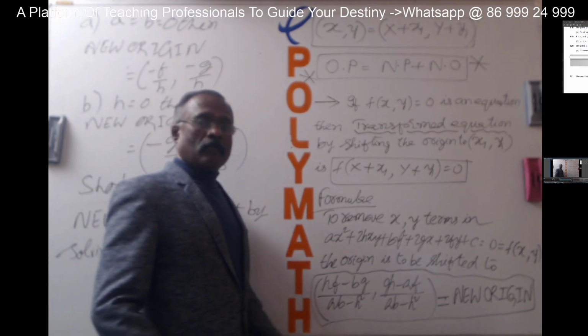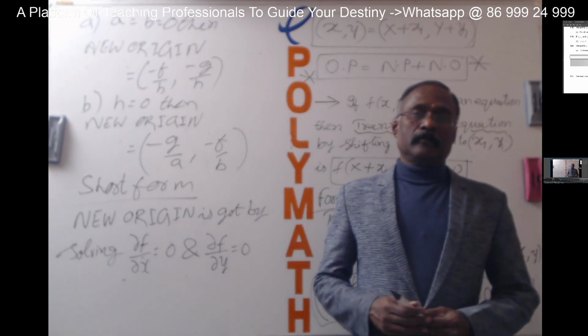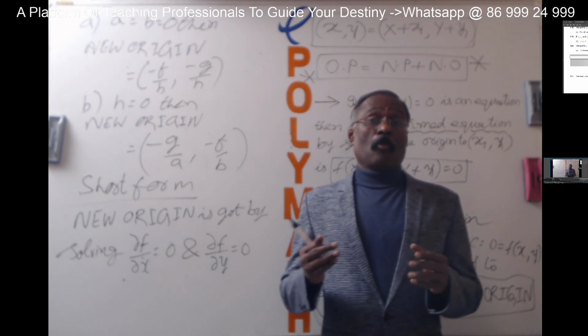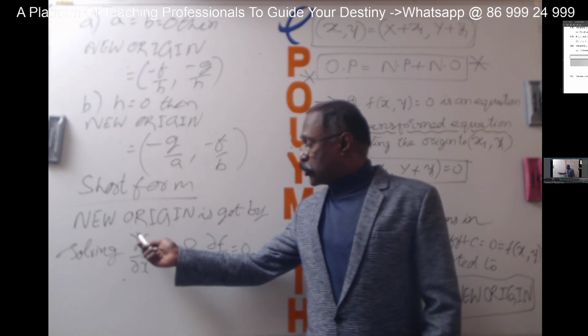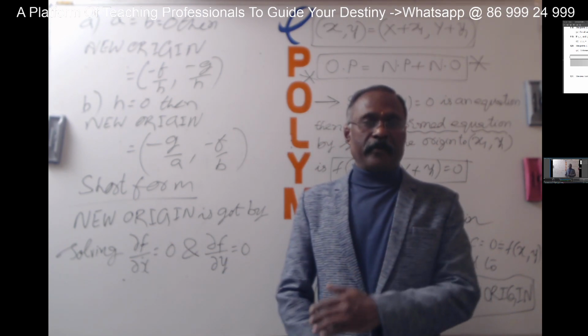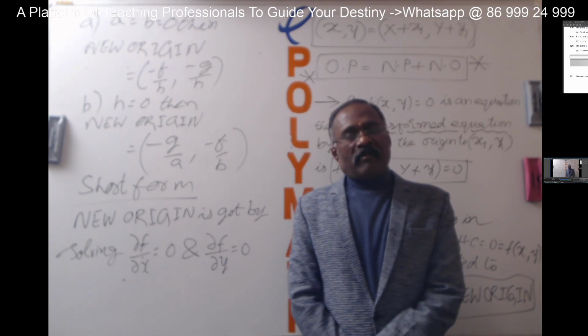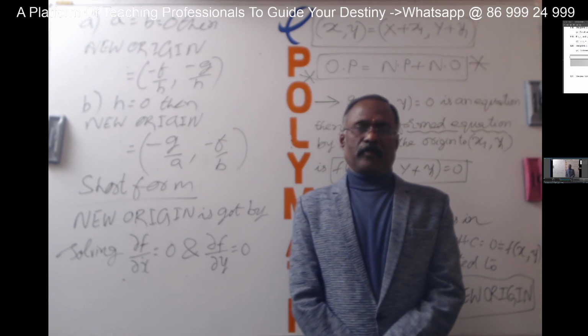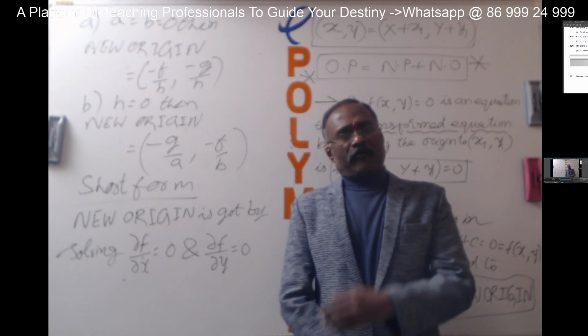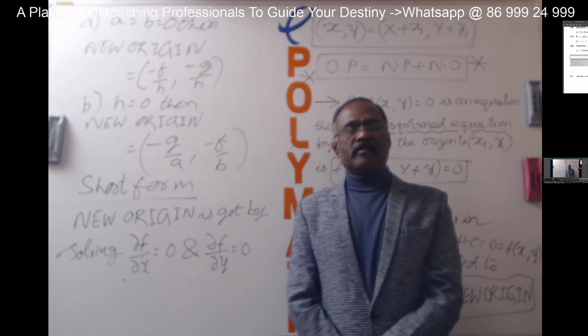Understand that? And if you want to understand this, dou means partial derivative. If you know the derivative, then you will know the partial derivative. Partial differentiation you will be getting further in your engineering, in your higher studies also.